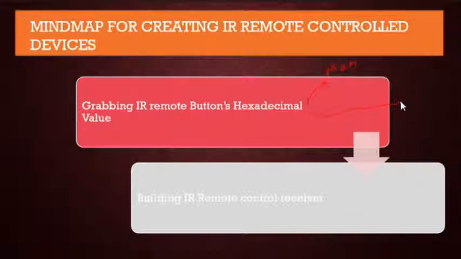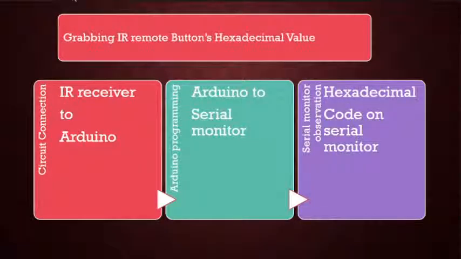A little bit of circuit design and Arduino programming can give the hexadecimal value of any remote control you bought. Even some local remote control manufacturers don't give a dataset with the remote control, so we can use them too with this second type of idea. And then this is how we grab IR remote button hexadecimal code.